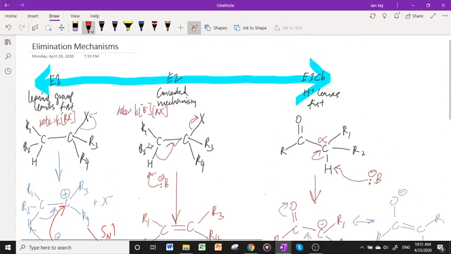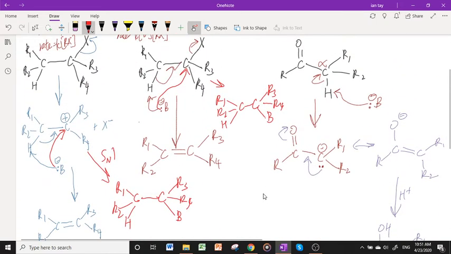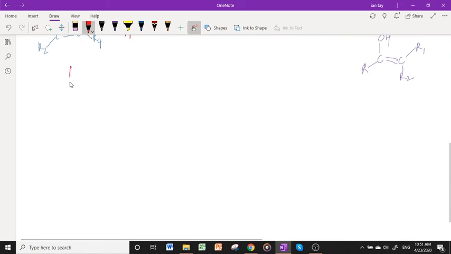And same thing here, this base may not have abstracted the hydrogen, but simply gone over here and pushed out the leaving group, thus also resulting in substitution instead of elimination. So this is why for elimination, we are using a base as the reactant. For substitution, we are using a nucleophile.